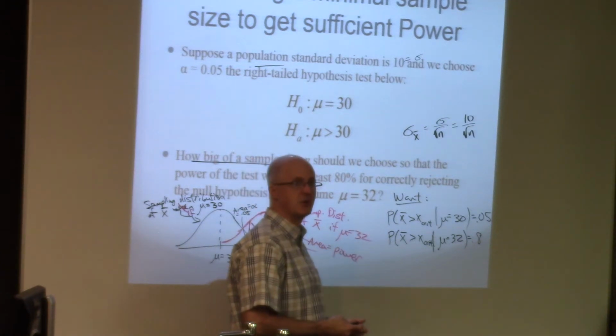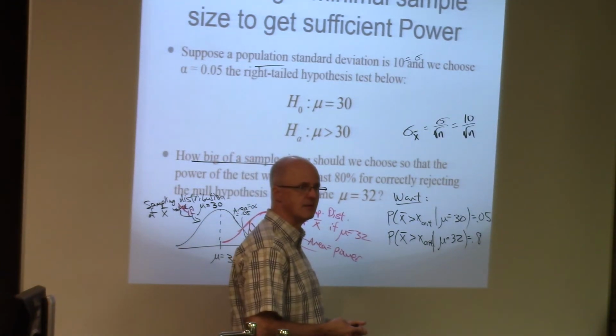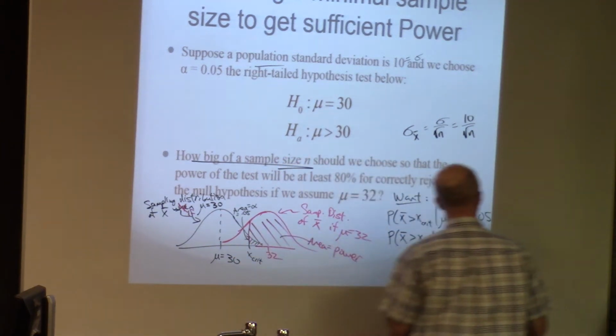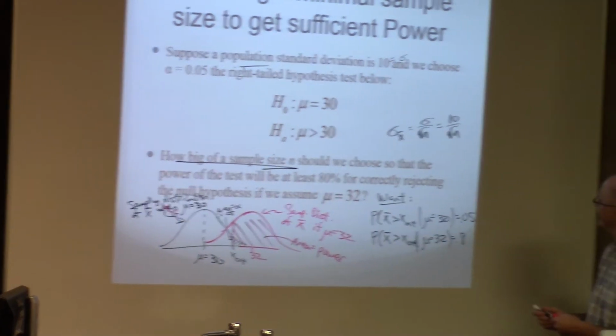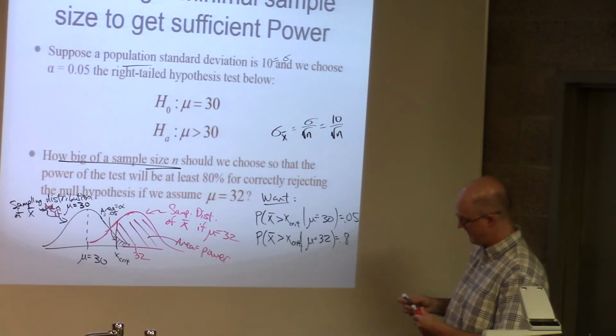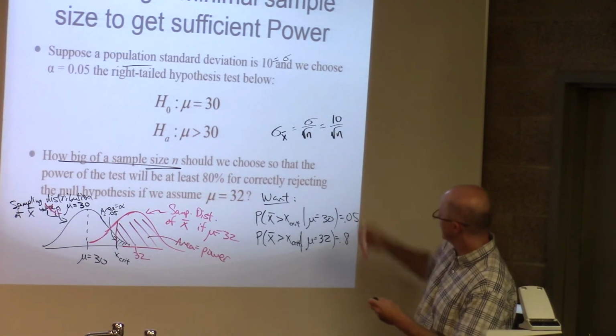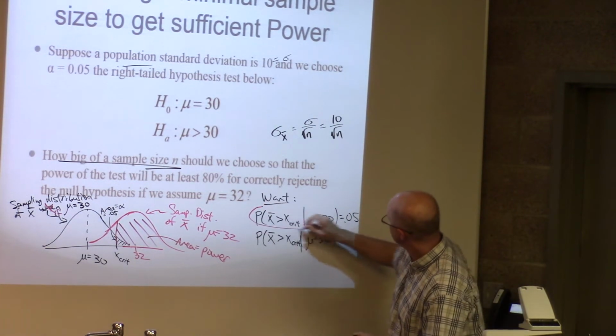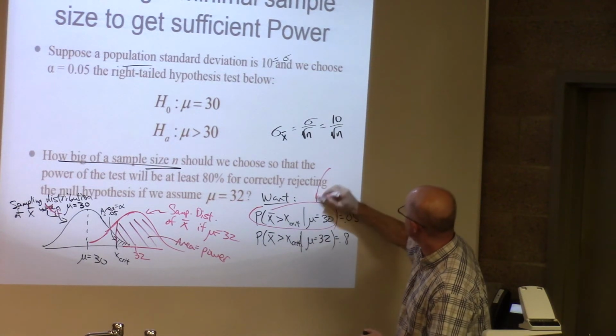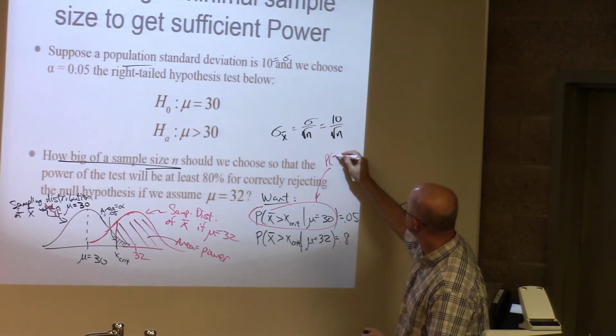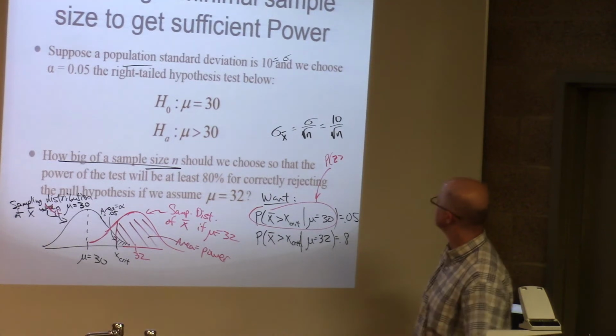These can now be written in terms of z. So it's a little tricky here. Let's see. I'd still like to write in the light here, I think. This probability, in terms of z, can be written like this.